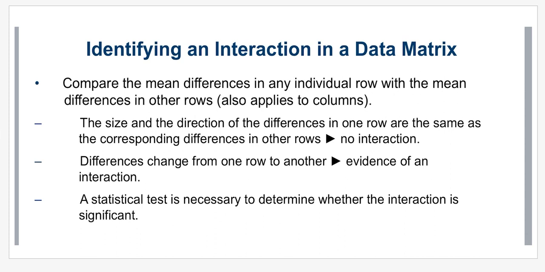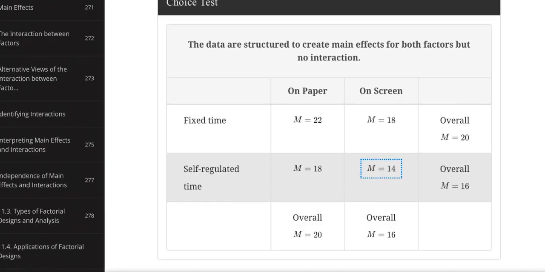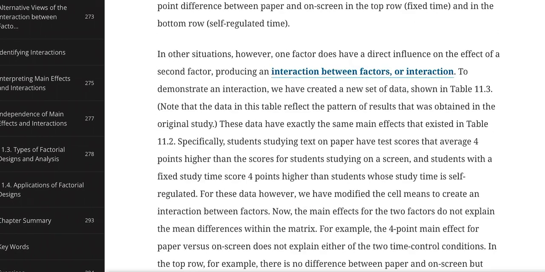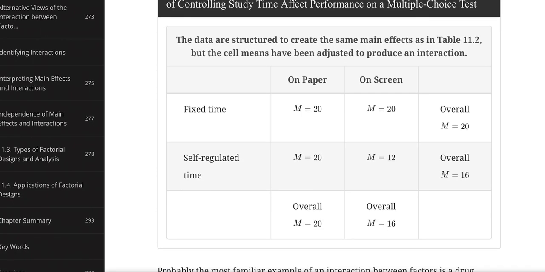If the differences change from one row to another or one column to another, then that's evidence of an interaction. So we go back to 11.3 and we look at 20 minus 20, which is 0. But 20 minus 12 is 8.